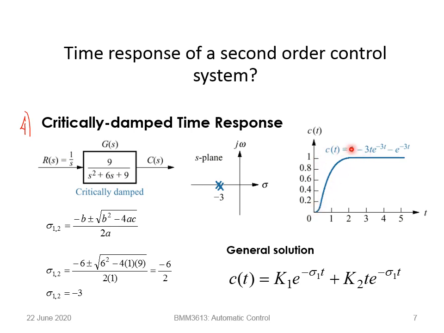So it still looks like a first order response, but if you compare it to the overdamped system, an overdamped system will be slower and less responsive, but the formulas are the same.